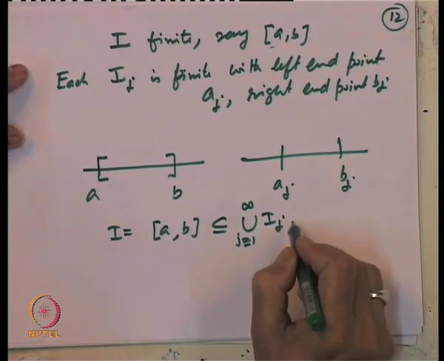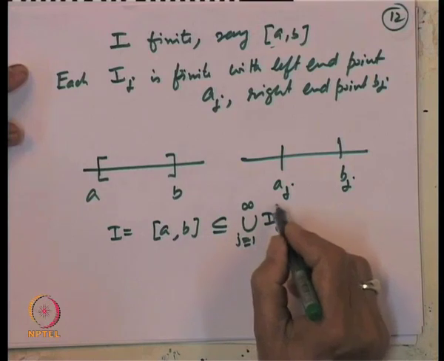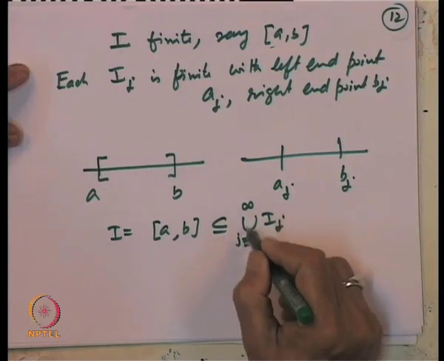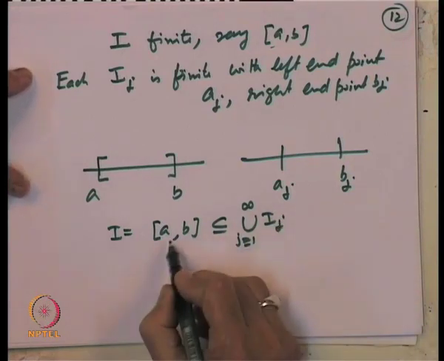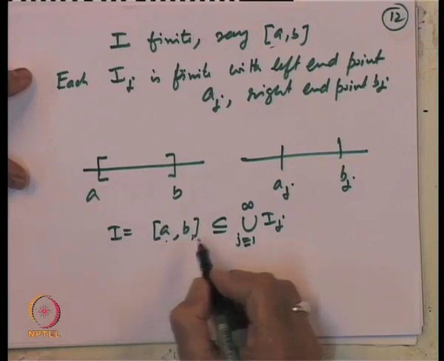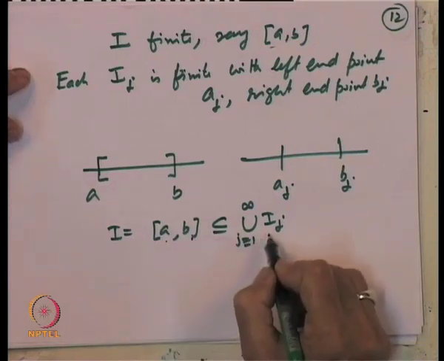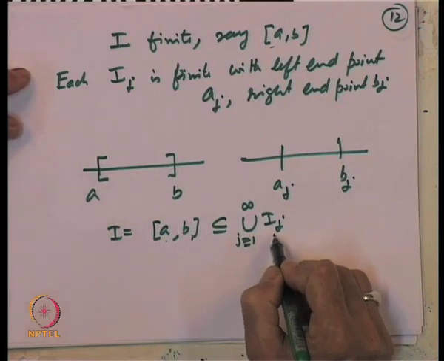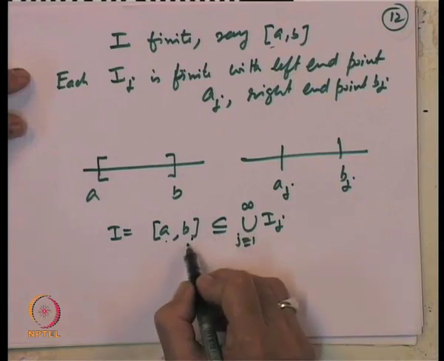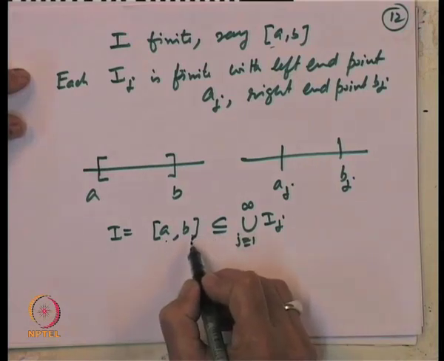So the idea is to bring the infinite union to a finite union. Here a closed bounded interval is contained in an infinite union, and we want to say it is contained in a finite union. So somewhere the compactness property of the interval a to b is going to be used.